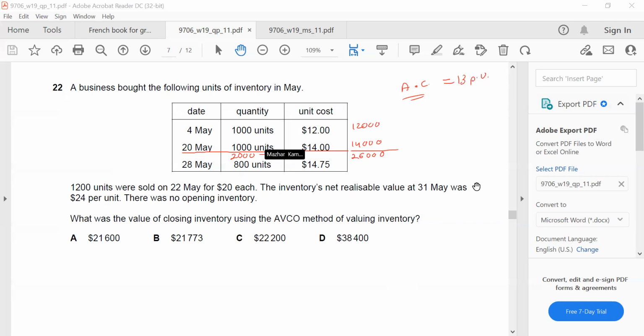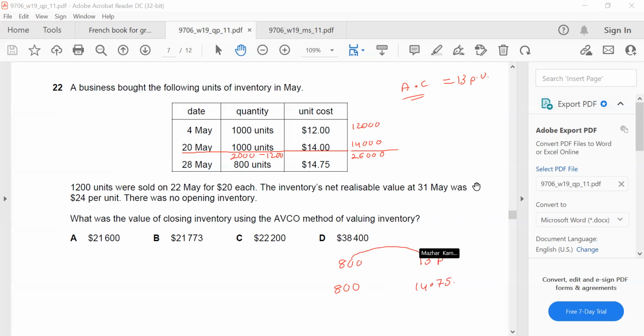So from this 2,000, you've sold 1,200 units. So you're left with how many units? 800 units at an average cost of 13 per unit. Are you with me? Then you bought 800 units at 14.75.